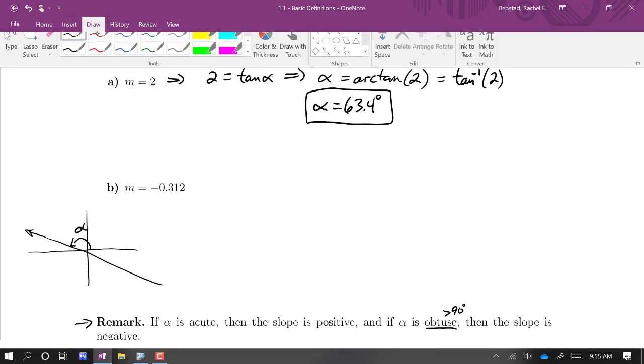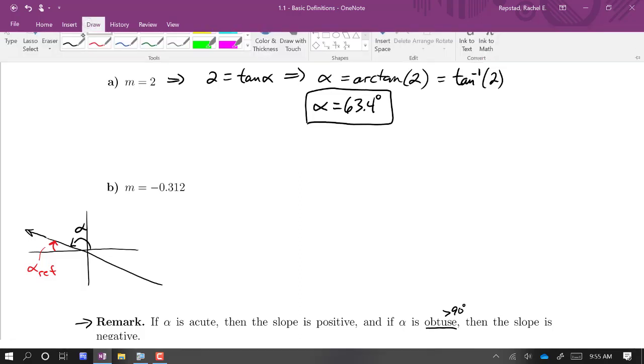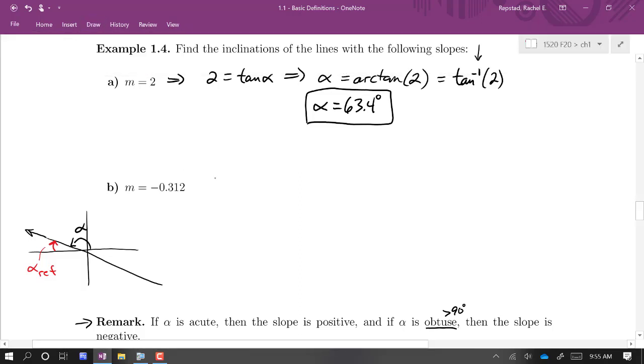What we're actually going to do first is find this angle, which I'll just call alpha ref for reference angle. Note that alpha reference is a first quadrant angle, less than 90 degrees. It's an acute angle. To find the reference angle, I'm going to set up the equation that positive 0.312 is tangent of alpha ref.